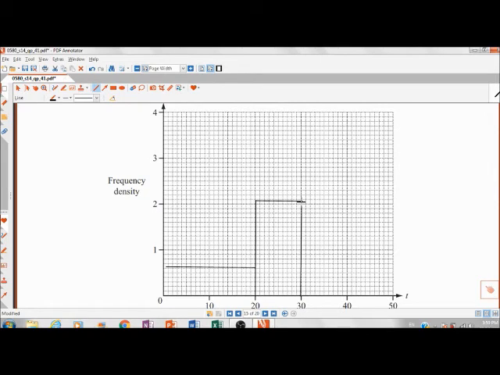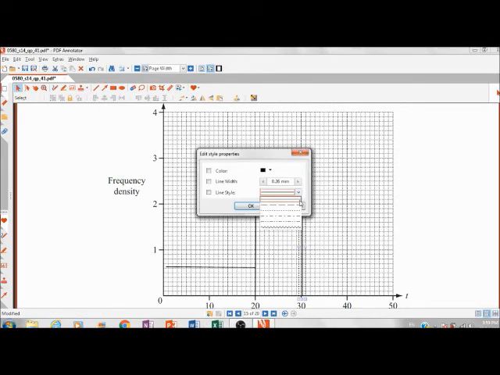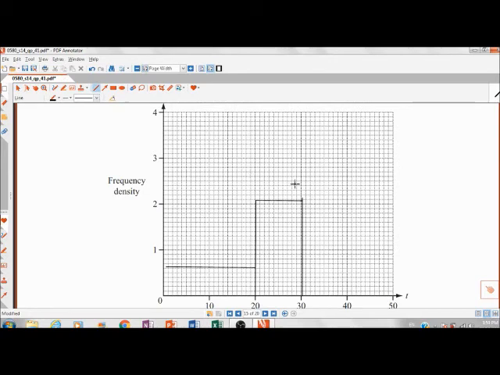From 30, 2.2 until 45. And the last one is 2.8, until the end. So that's that. It should somewhat look like this.